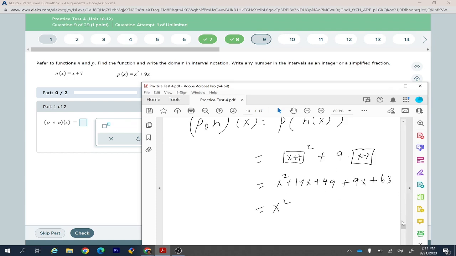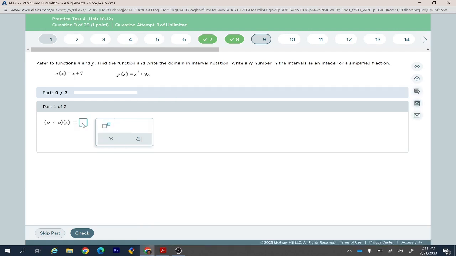It is x squared plus 14 plus 9 is 23x plus 112. Right? So that's our answer. x squared plus 23x plus 112.